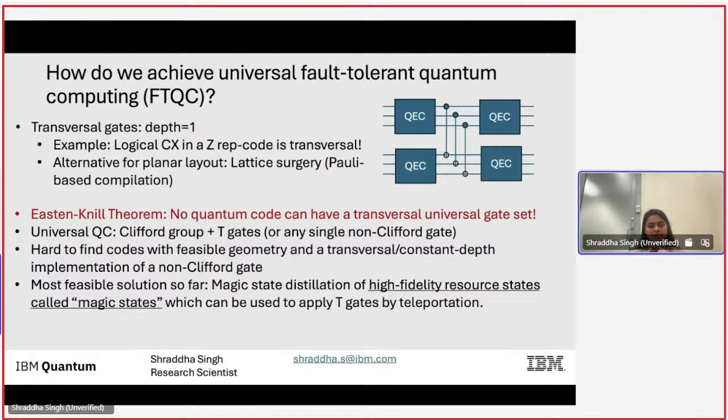This magic state, however, cannot be made fault-tolerantly very easily and has a significantly large overhead, and contributes to the significantly high overhead for, let's say, processing Shor's algorithm on a quantum circuit.